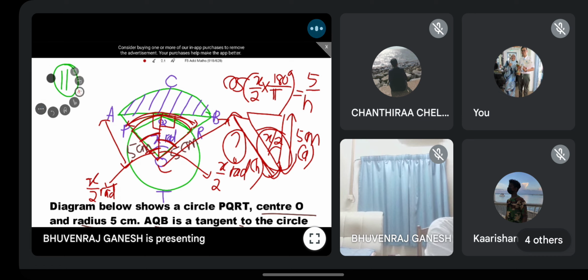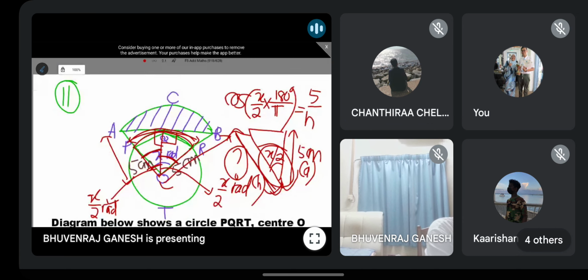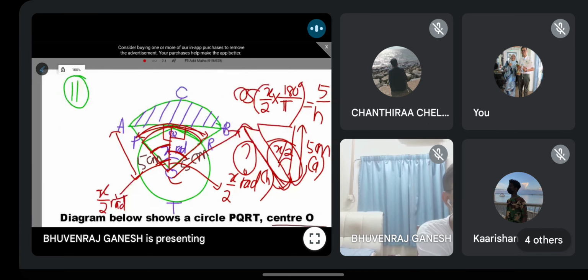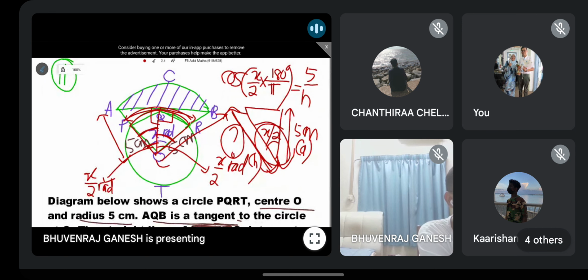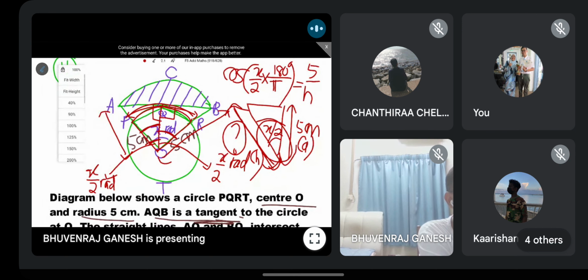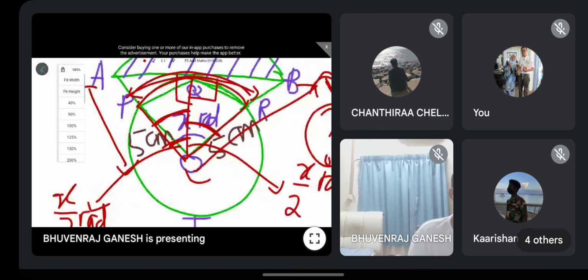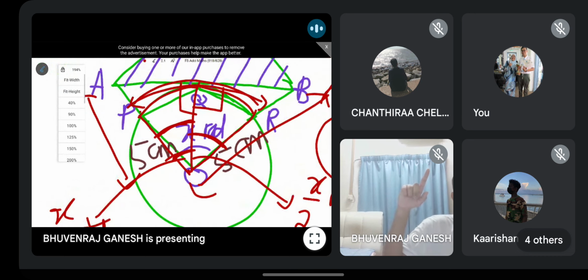Okay, so, based on this, if you look at the rhombus. So guys, based on the diagram, okay, so you got 5 cm. Then, there is length AB here.